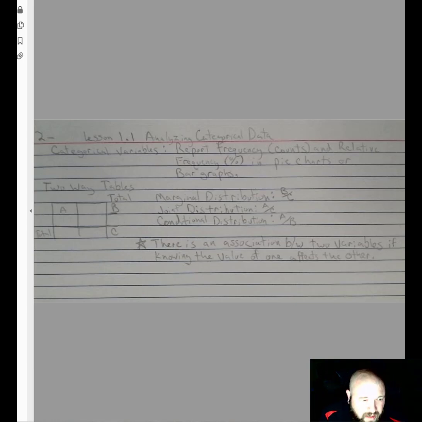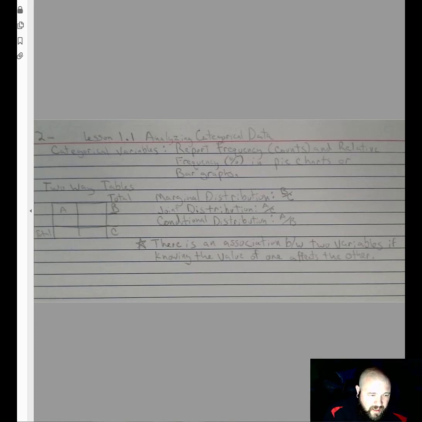So with that, you're looking at the totals for C, the total overall for everything, for marginal distribution and joint distribution. Your conditional distribution deals just with the condition they're asking for, and we'll go over that in a second. The star is talking about association between two variables, if knowing the value of one affects the other.